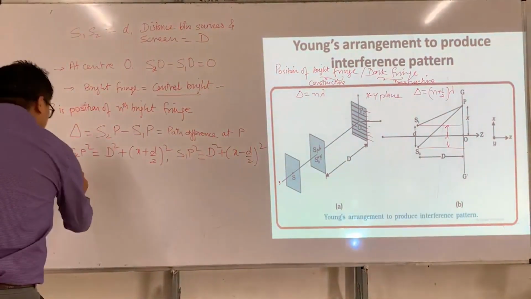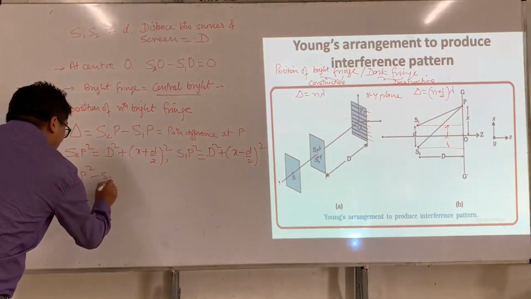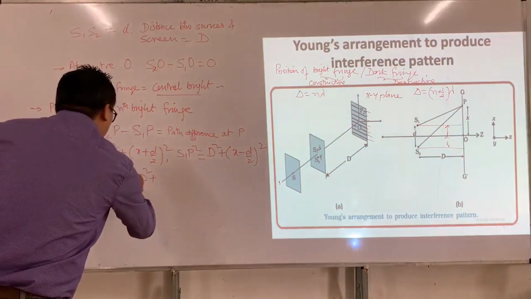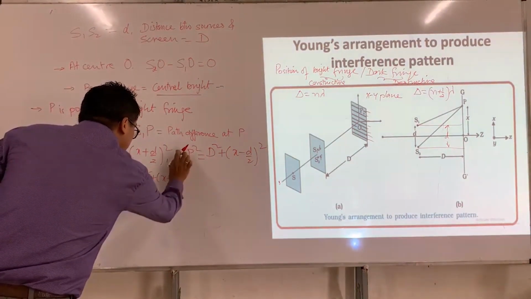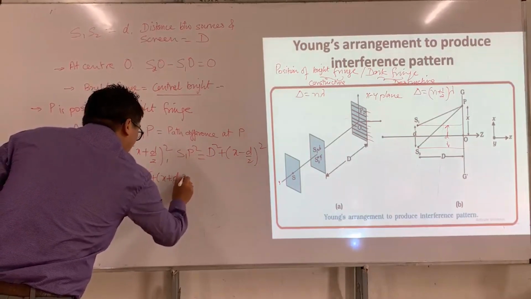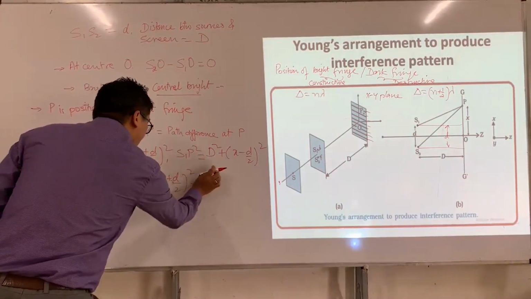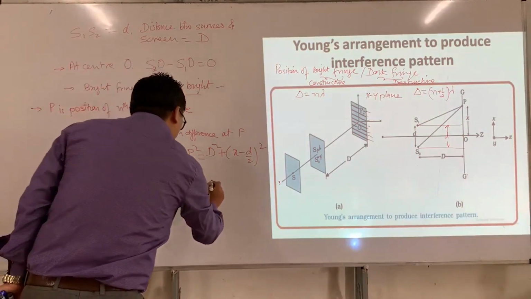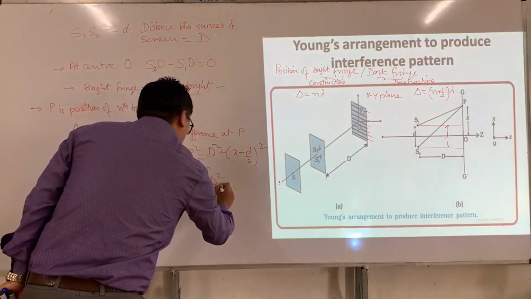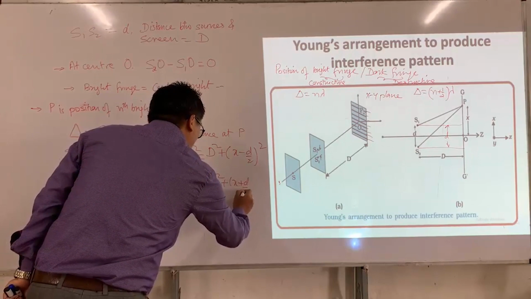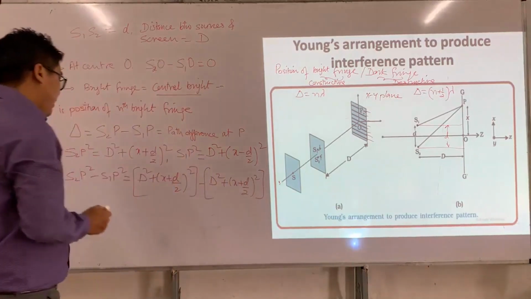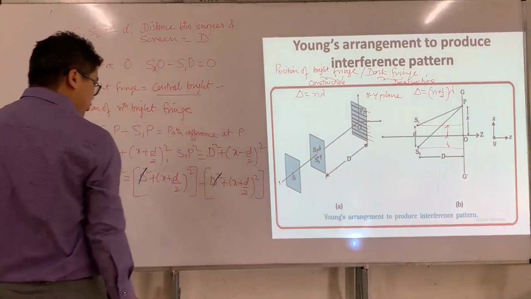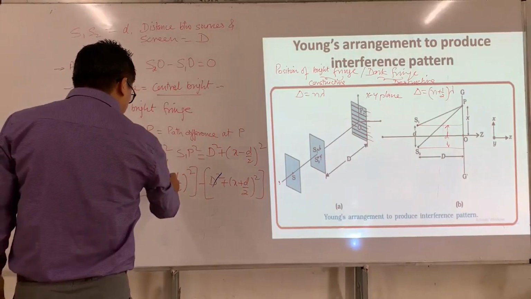Now I'm going to take S2P square minus S1P square, subtracting these two from these two. The D square terms cancel out, and then the d square by 4 terms cancel out.